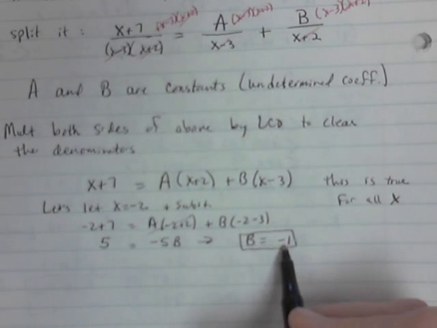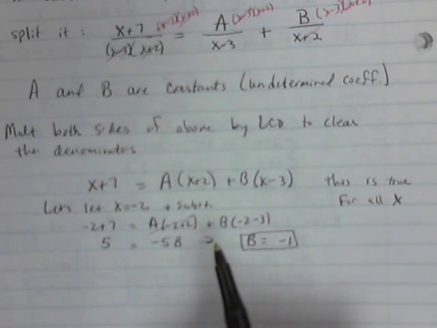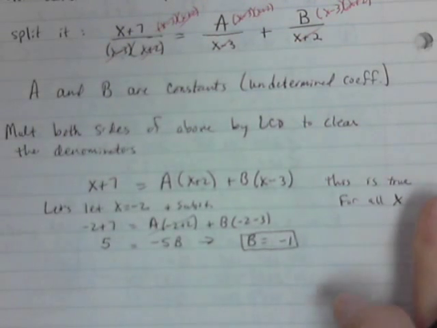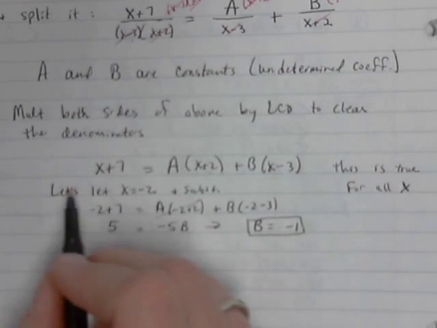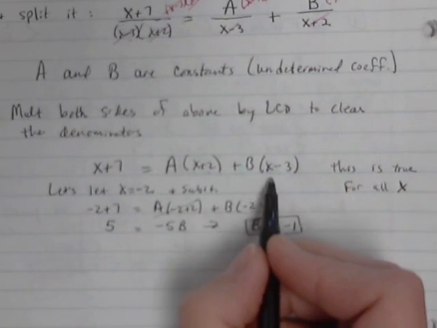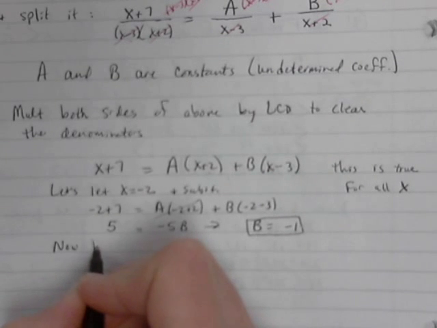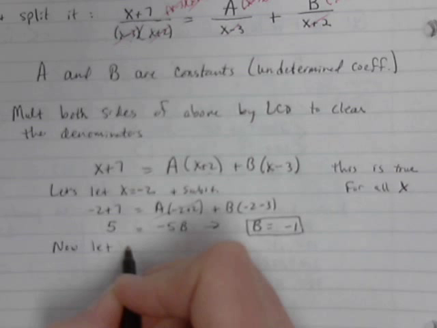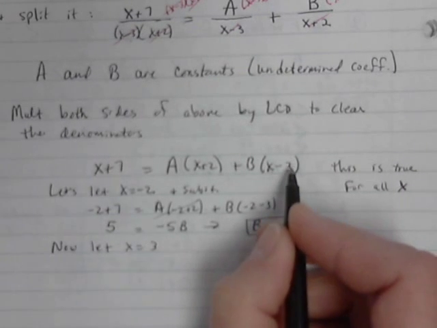And since b is equal to -1, we can put a -1 in here and solve this equation for a, or we can be tricky like we did here, and let x equal 3, so this factor will go to 0.